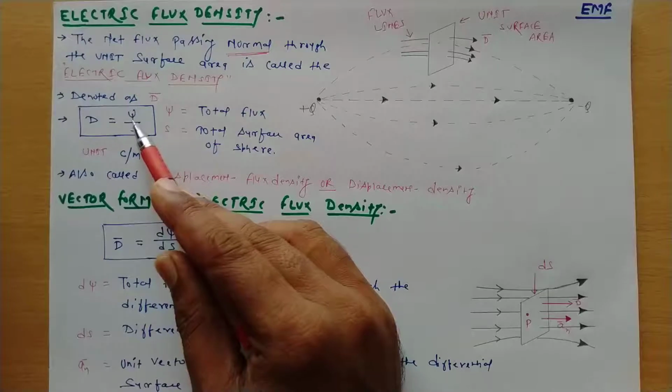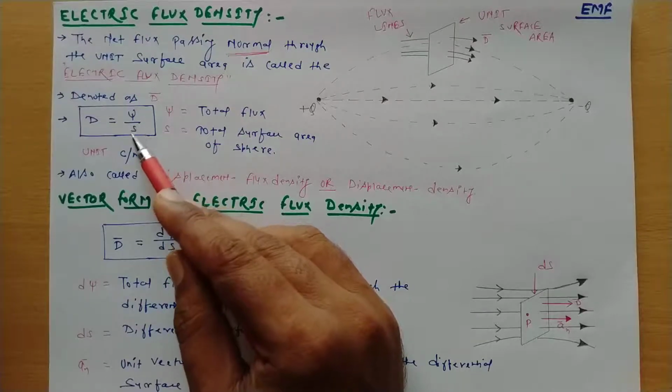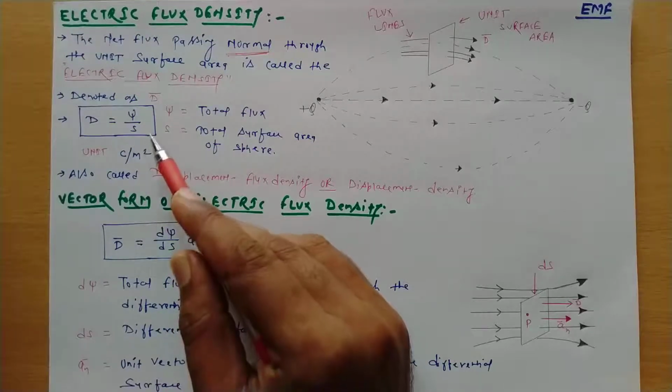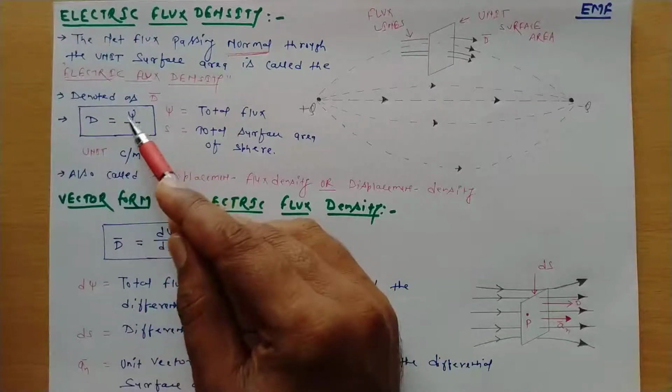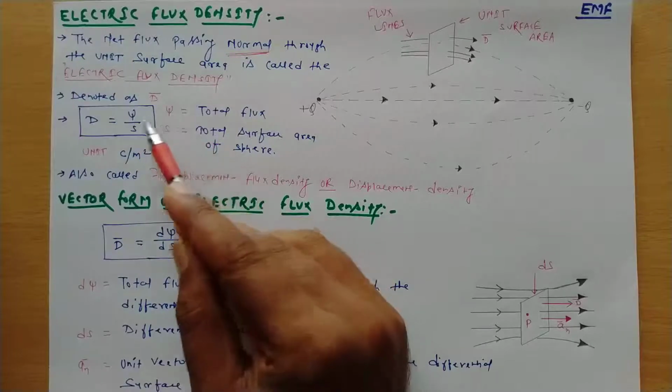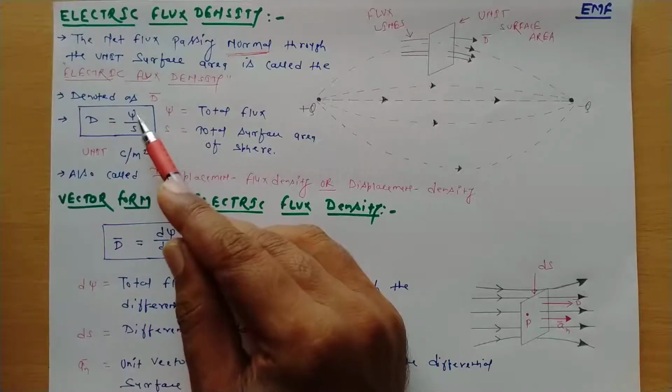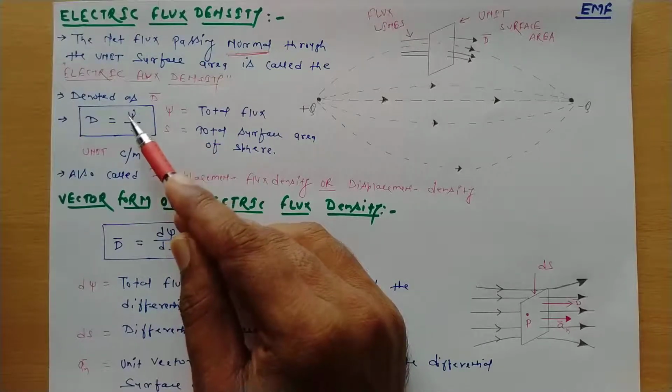So we can define the unit, because the unit of the flux psi, as I already told in the previous video, is the coulomb, denoting the total amount of the flux lines.